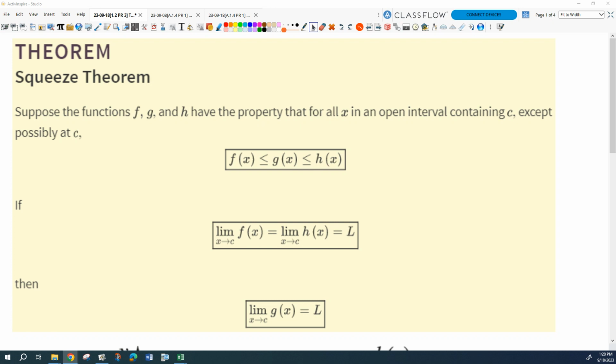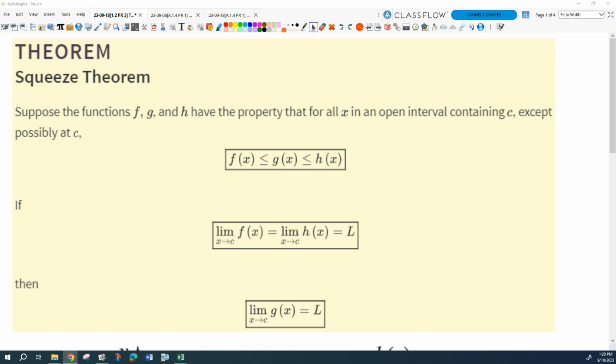So if that's true, and also one other caveat here, if the limit of the bracketing functions, by bracketing I mean the bottom and the top, as x approaches c is equal to L, then what do you think must be true of the limit of g of x?